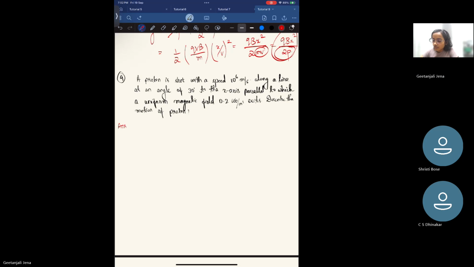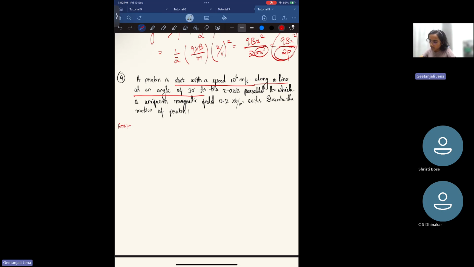Okay. For the ninth question, it's quite similar to the eighth question, but here the path is quite different. Here you can see a proton is shot at a speed of 10 to the 6 meter per second along a line at an angle of 30 degrees to the x-axis.